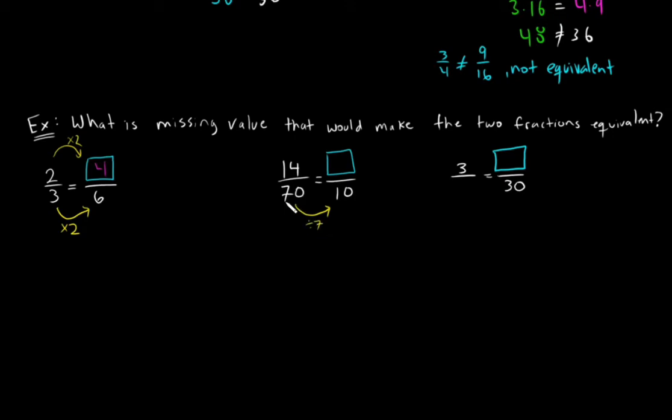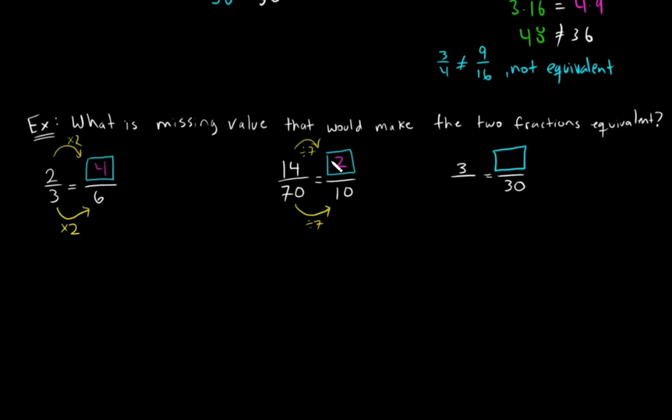So if we divide the denominator by 7, we have to divide the numerator by 7, and that will give us an equivalent fraction. So if I divide this one by 7, this will be a 2. So 2/10 and 14/70 are equivalent.